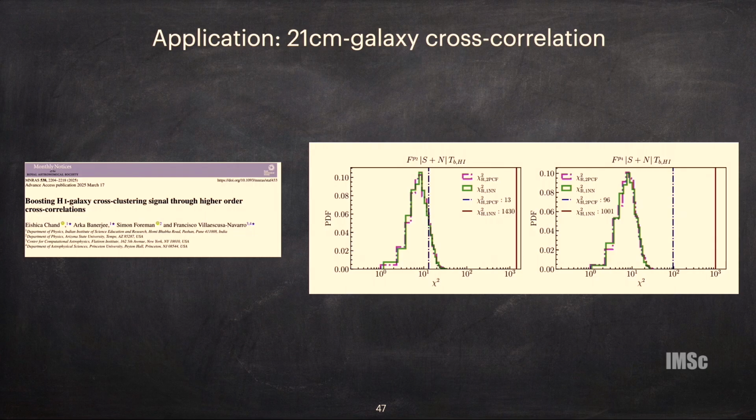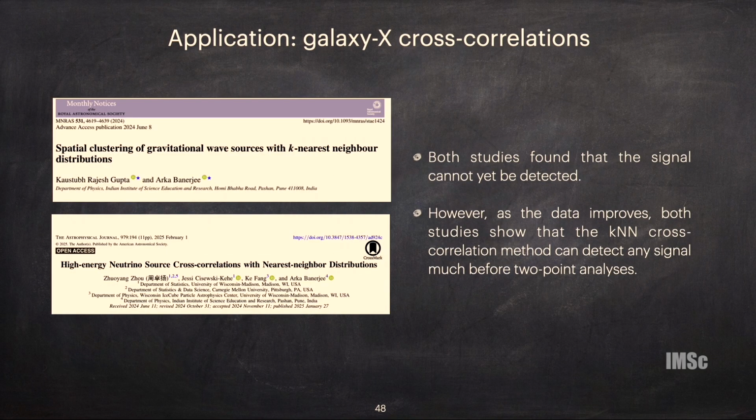This is, I don't know, a 10 sigma detection. Similarly, you can play around with the amount of time you integrate in CHIME, the noise, the foreground cleaning, and in every case, you get a much stronger detection of the cross correlation signal if you use this nearest neighbor way of measuring correlations.